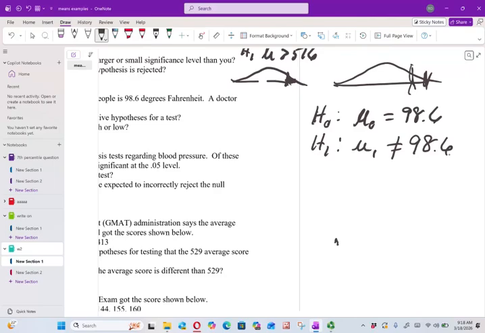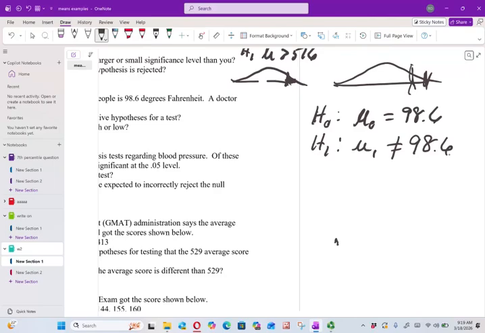Where's the rejection region? What result will cause me to say it's not 98.6? What would I have to get out of a test? I do a test of 15 people. And then 98.6 really isn't very good. Some people have a higher body temperature. Some people have a lower body temperature. There's a range.